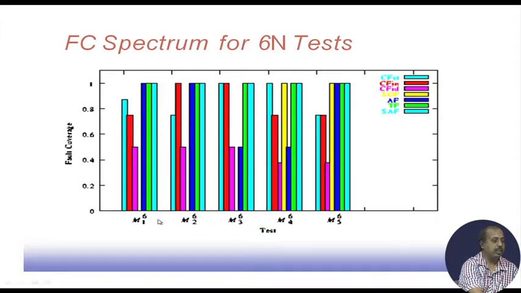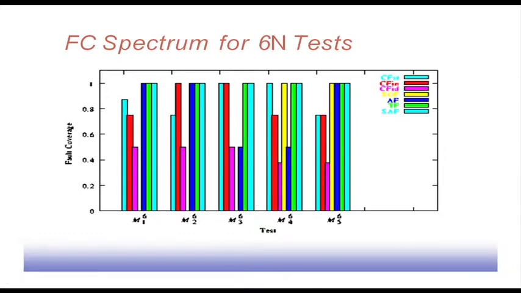If you take only a single test length, say your test length is restricted to 6n, then with the 6n restriction there are also several test sequences that can be generated by that TAGS procedure, and the list that we have seen previously. So, in that, M1, M2, M3, M4 are various 6-length sequences, and you see that all of them do not have the same level of coverage for all the faults.